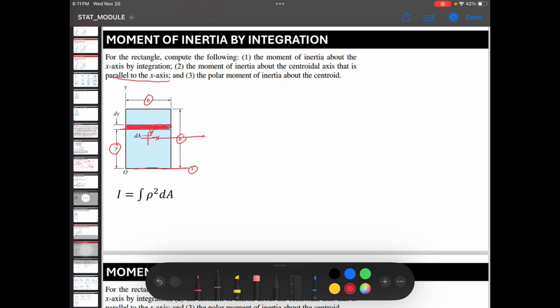And then number 3, get polar moment of inertia about the centroid. So, polar moment of inertia is Ix plus Iy, di ba? Pero yung Ix na centroidal, yung galing dito sa centroid. So, let's take note of that.